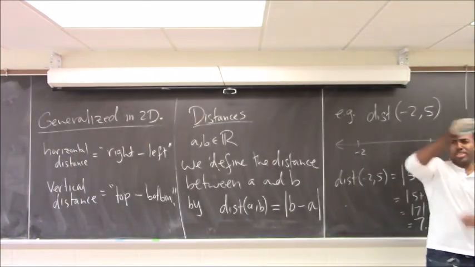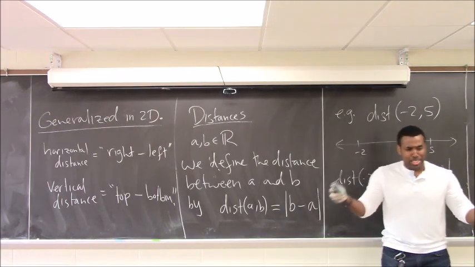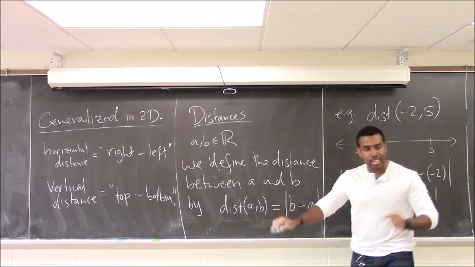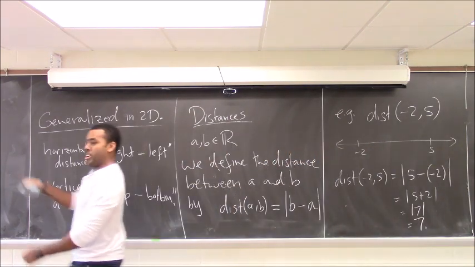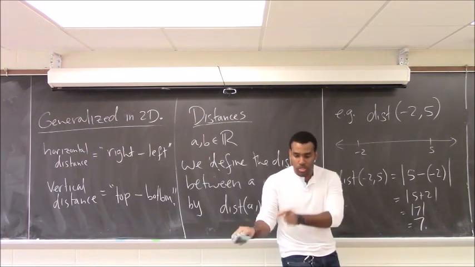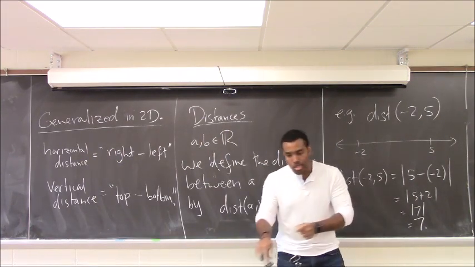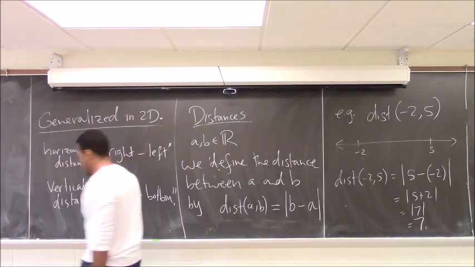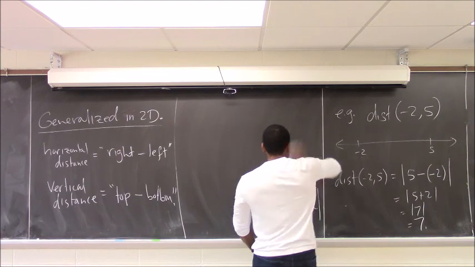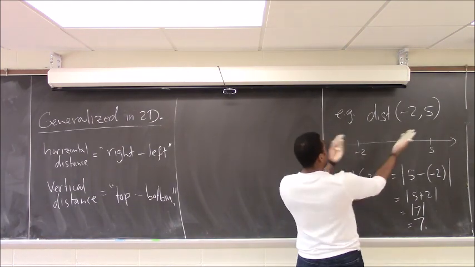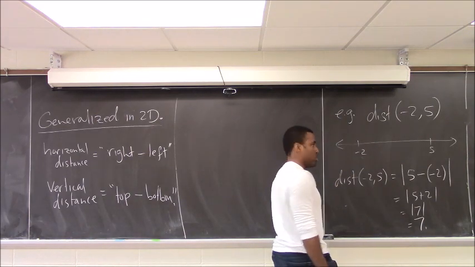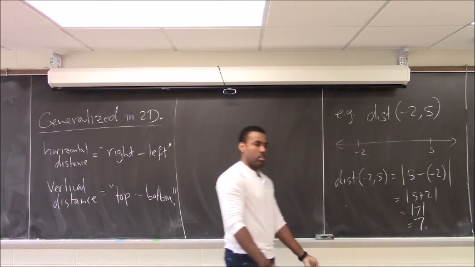You get to Calc 3, you're drawing things in 3D and you're like, I don't understand what's going on. Figure out who's on top and who's on bottom and everything sets itself out. Or figure out who's on the right, who's on the left, and everything will set itself out. And you'll know which functions to put in which positions and how to do the calculations by this idea. It's a very simple but important idea. So if I gave you, find the distance between minus 2 and 5. Who's on the right? Well, 5 is. Who's on the left? Minus 2. The distance is right minus left, 7.